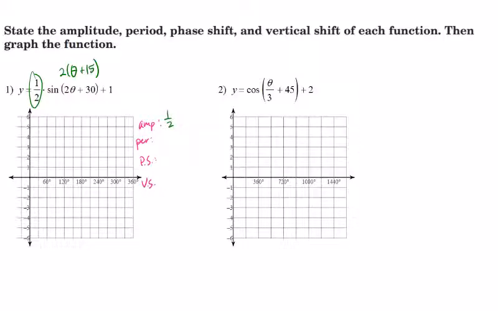So that's important. The period is going to be 360 divided by 2, I should say. So that's 180 degrees. All right, and then 15 is going to be the phase shift. But remember, it's negative, so it's going to be negative 15.